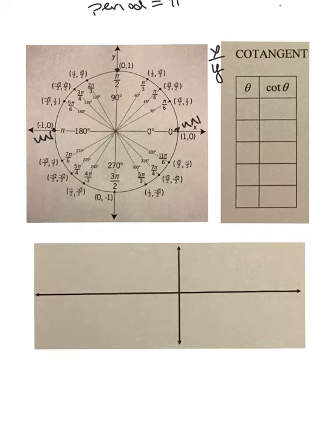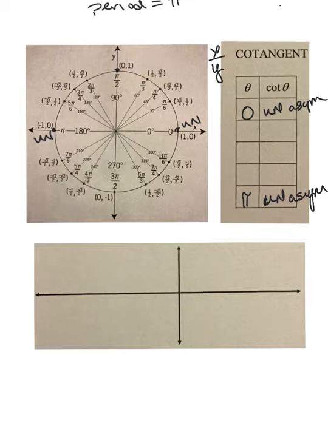So the boundary that we use for the basic cotangent function goes from 0, where the first asymptote happens, to pi, where the second asymptote happens. So 0 is undefined, which is an asymptote, and so is pi undefined, which means we have an asymptote there.